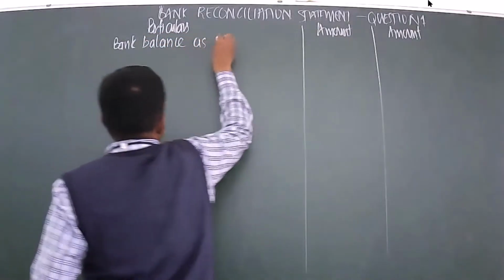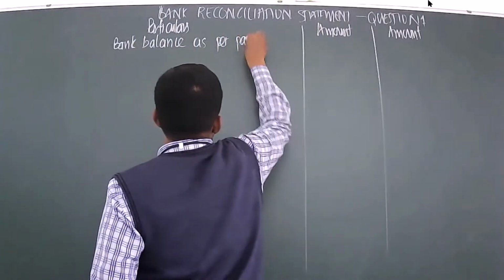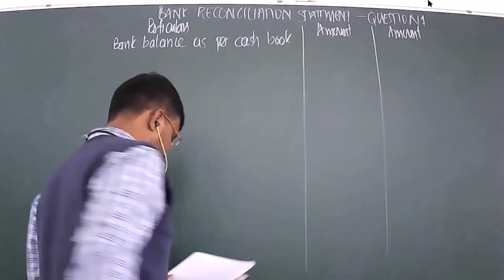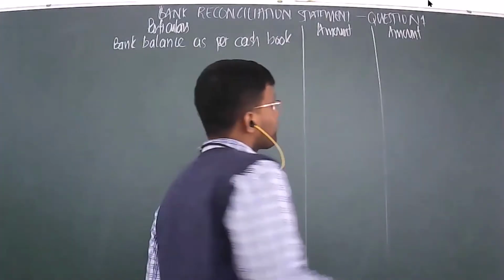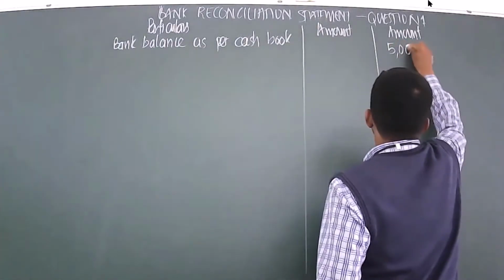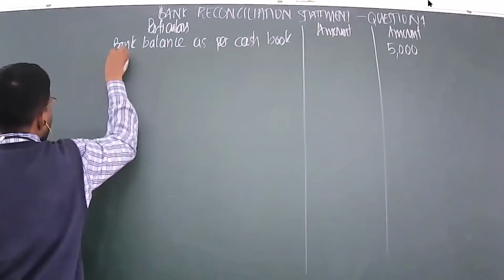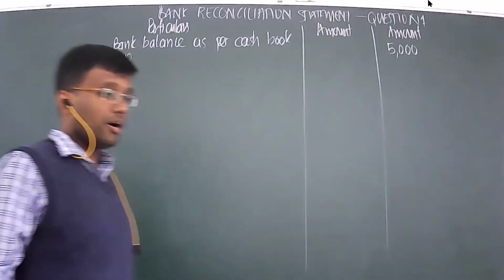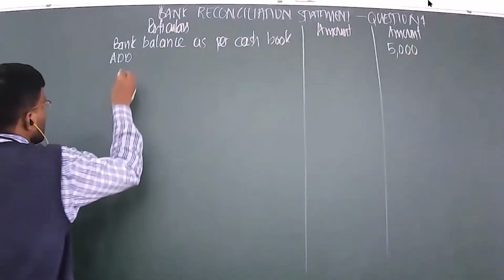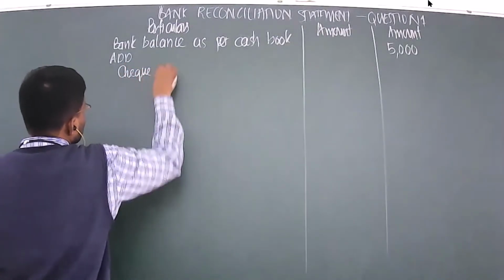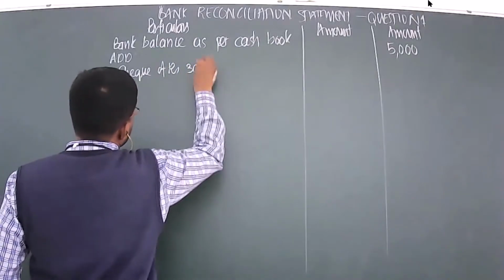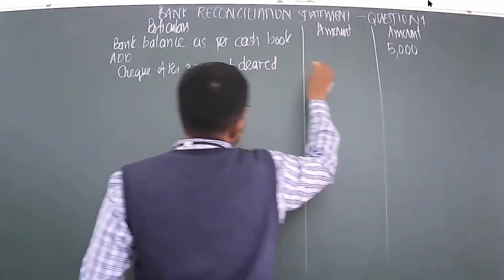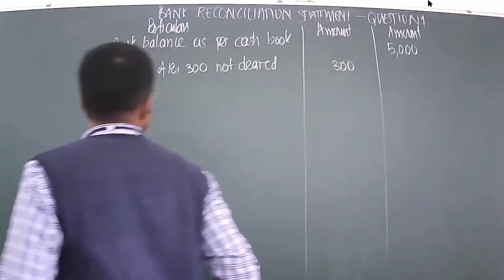Bank balance as per cash book, and the bank balance as per cash book here is 5,000. Now we have to add. What are the transactions that we have to add? The transactions that we have to add are check of rupees 300 not clear. So this is 300.